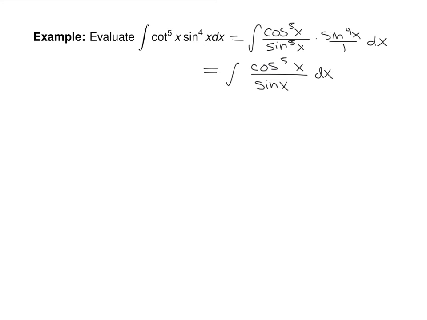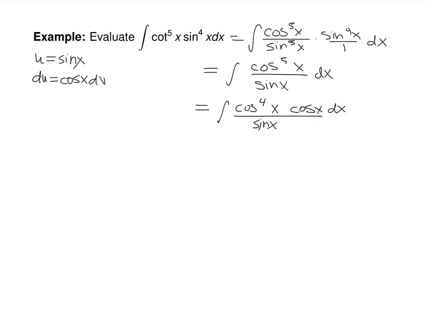Now you can't save that sine to be your du because it's in the denominator, not the numerator. So you have to save a cosine to be your du. Change this into cosine to the 4th x times cosine of x dx, all over sine x. Your goal here is to let u equal sine, in which case du will be cosine x.